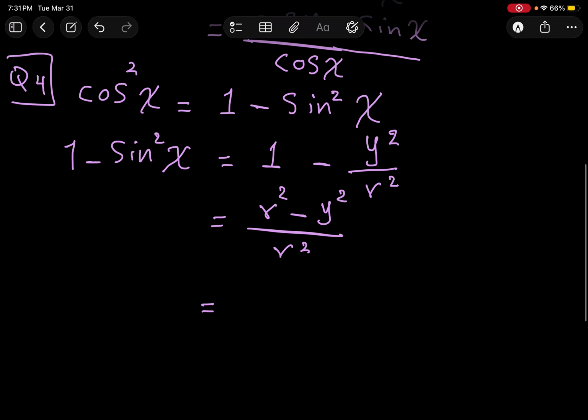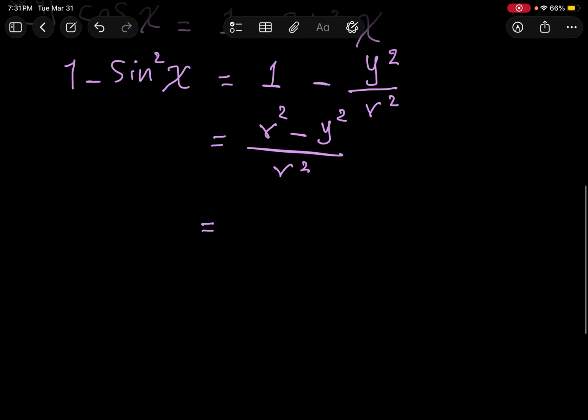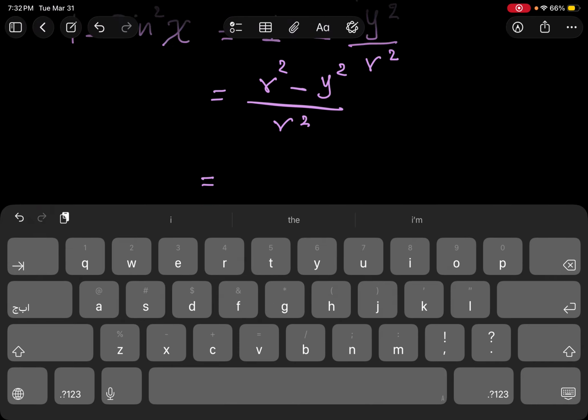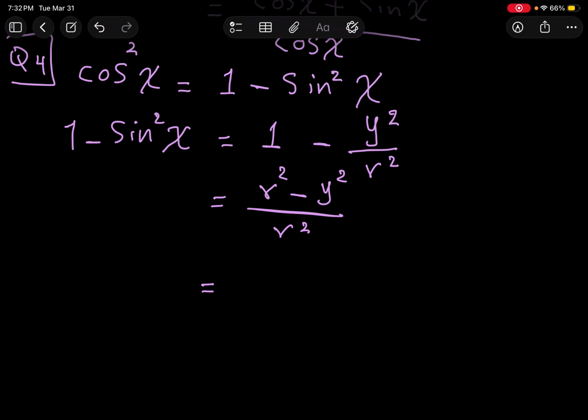Continue: r square minus y square over r square. So r square minus y square equals x square, because we have the Pythagorean theorem: r square equals x square plus y square.